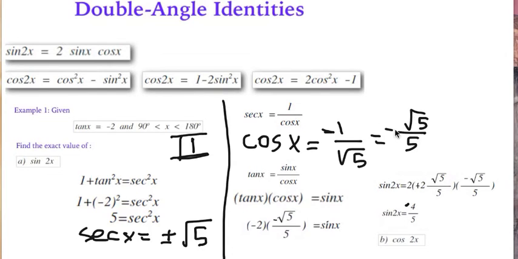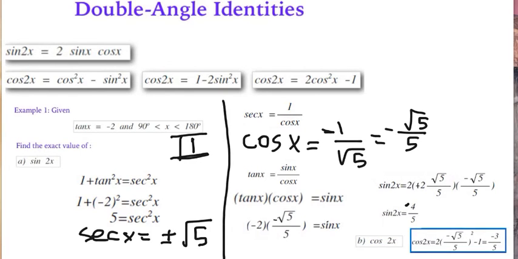I just substitute this value in this cosine squared. So cosine 2x equals 2 cosine squared, this is cosine squared, minus 1. Simplify to get minus 3 over 5.